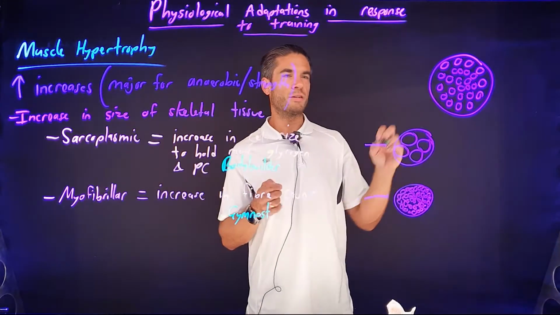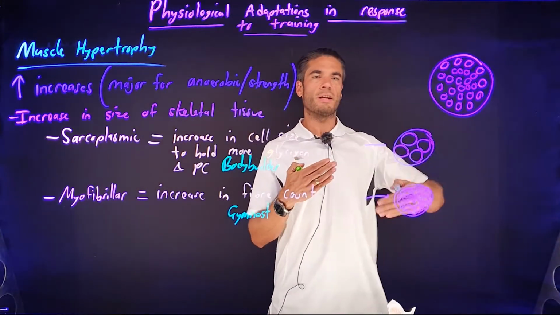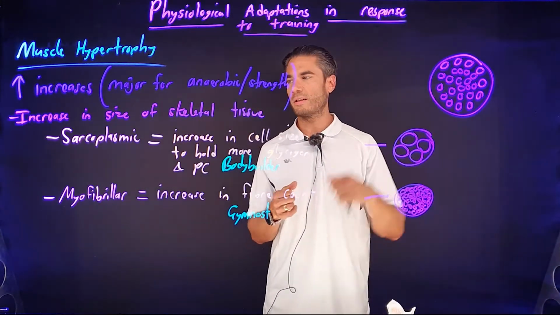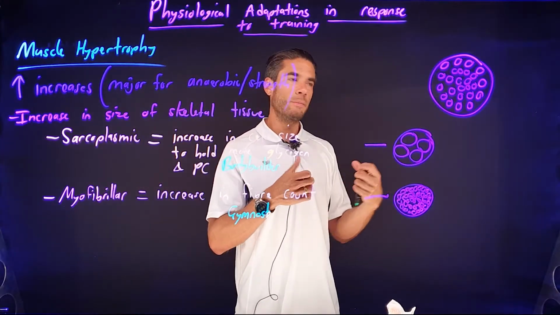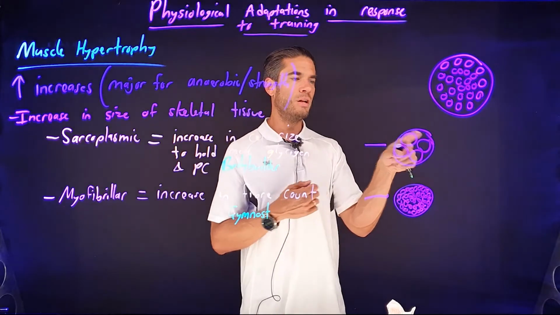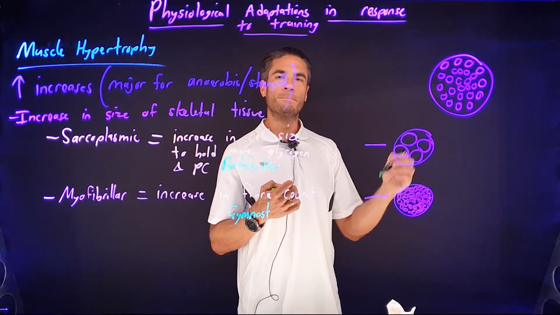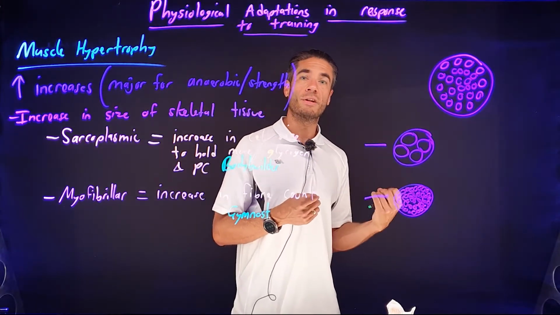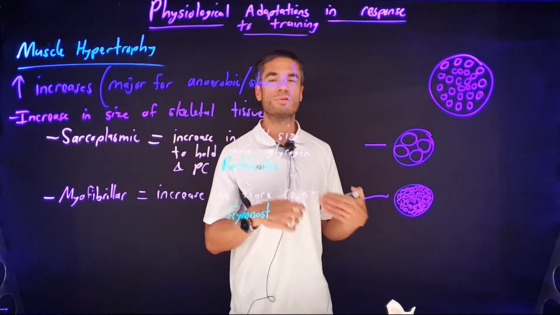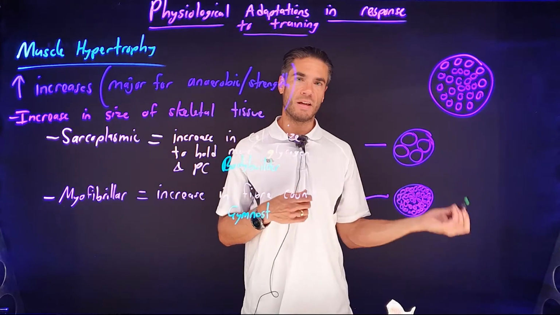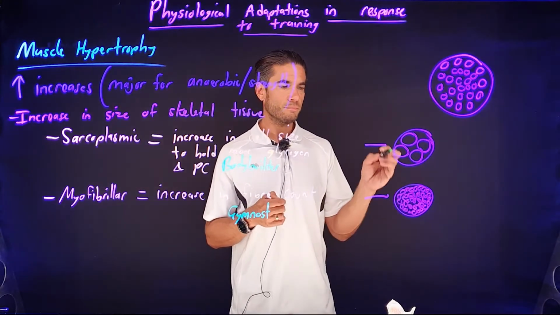So the way it would look under the microscope, if I got a bicep and I cut it open, this is what a normal bicep would look like. Sarcoplasmic hypertrophy, very simple. Those cells that make up the fibers within the bicep muscle just get bigger. So they're able to hold more glycogen, hold more ATP-PC, so that next time they have more immediate energy sources to push themselves harder, which is how the performance increases.